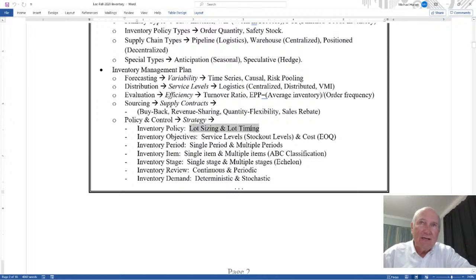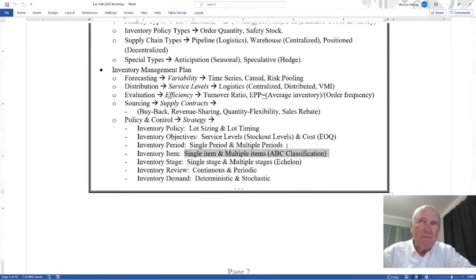Lot sizing and lot timing, depending on your service levels and balancing the cost, whether single period, multiple period, single item, multiple items, and there's where ABC classification is what I'll be looking at. There are different types of multiple item techniques. I'll be focusing on ABC classification because it's simple, straightforward, very effective, very popular.